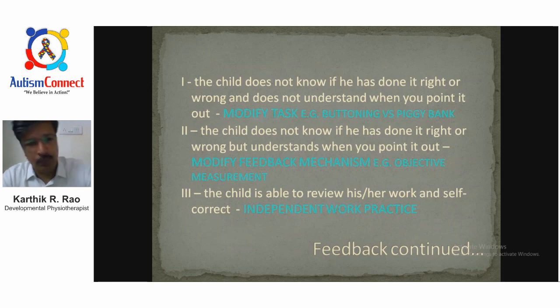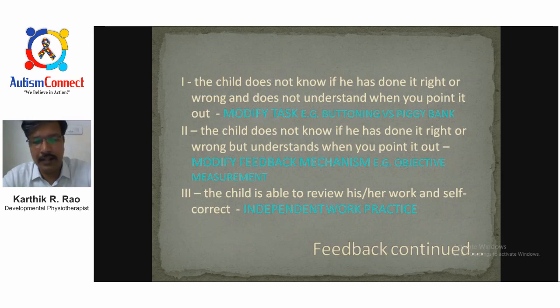In level 2, the child does not know if he has done it right or wrong, but understands when you point it out. So the child does it, he's more intent on finishing the task and he doesn't actually check his work. Then you are able to tell him that this is wrong and then he realizes, okay, I've done this wrong, and he changes it.